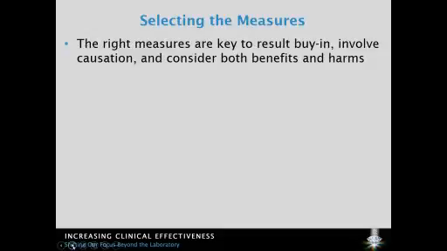And to get that buy-in, you're going to need the right data. You've got to make sure that your measures involve causation. And hopefully, if you've done your framework up front correctly, you know what's causal and what's just a correlation. We always have to be careful about things that tend to move in the same direction in our experiments, but they really aren't causative factors.